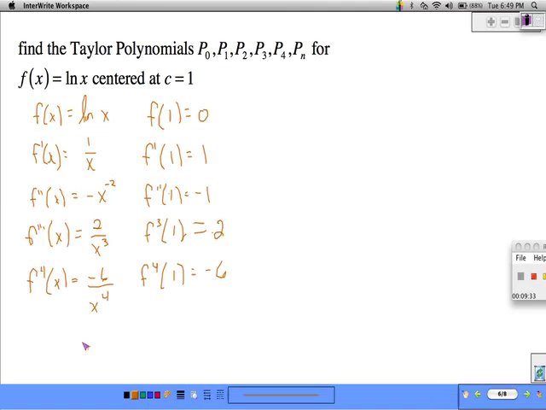In general, the nth derivative is given by an alternating term, negative 1 to the nth times n minus 1 factorial over x to the n.